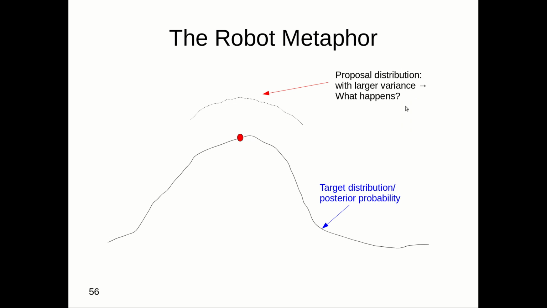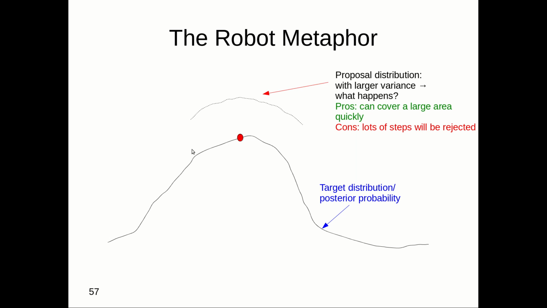Now if we choose a proposal distribution with a larger variance, what happens here? Well, it can cover a large area quickly, but with this kind of flat distribution, a lot of steps that the robot does will be rejected, right?